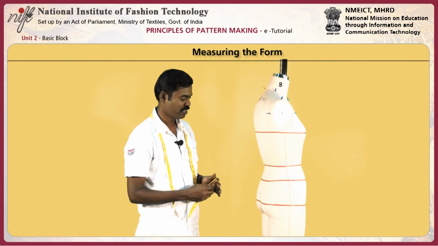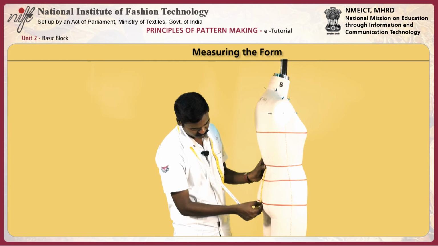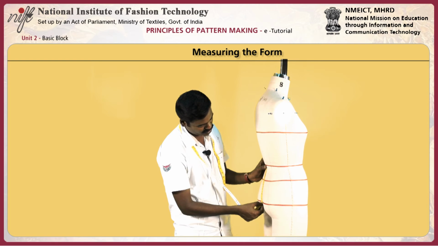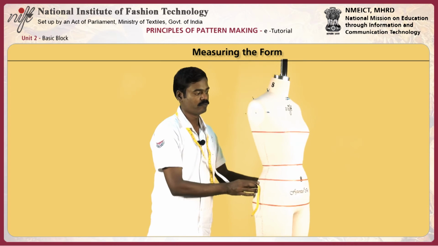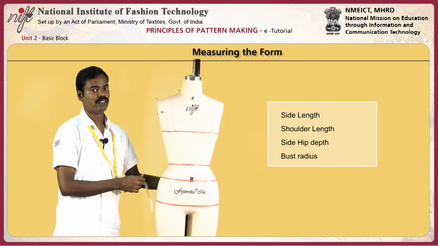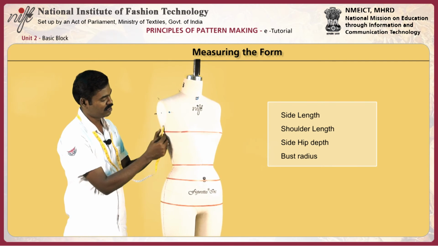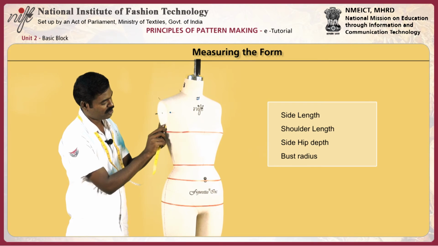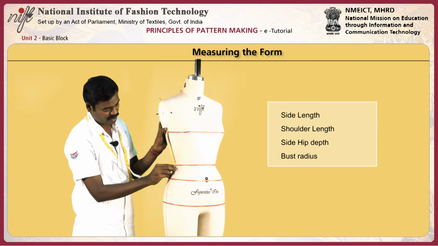Then hip depth, measure waist to center back, waist to hip level at center back. Then vertical measurement, measure side length 3/4 down from there till side seam.